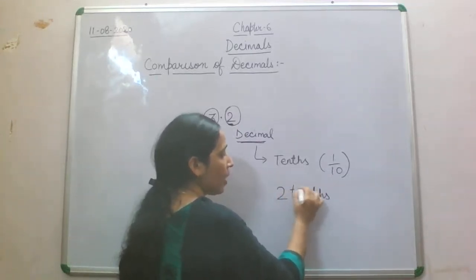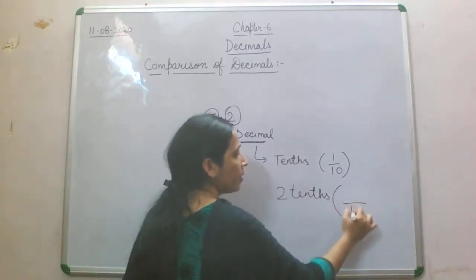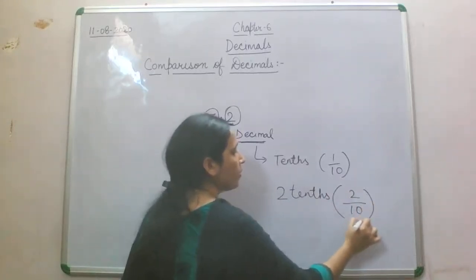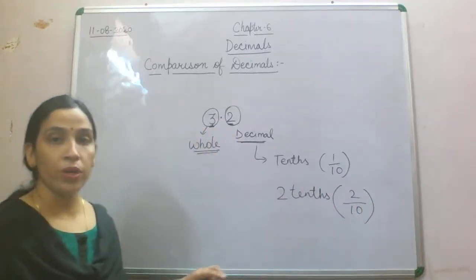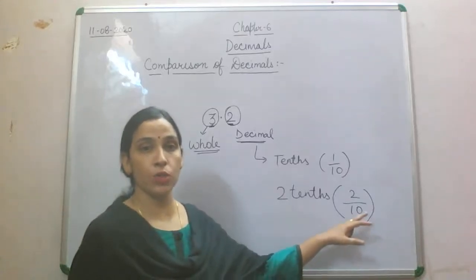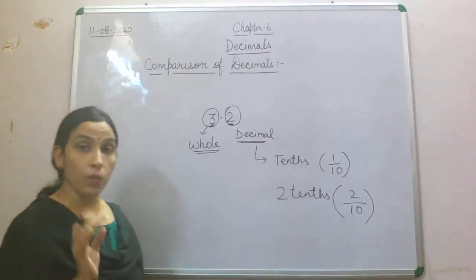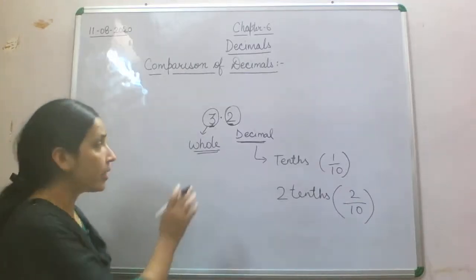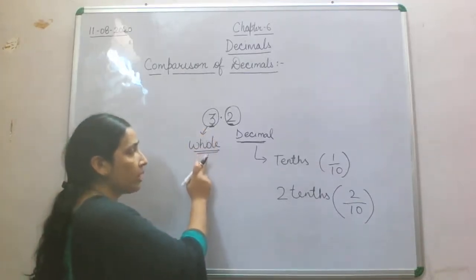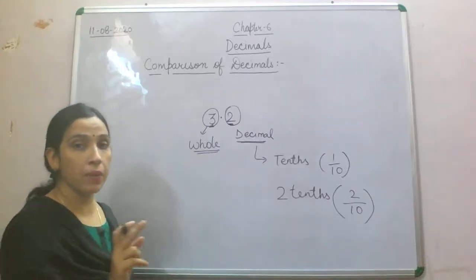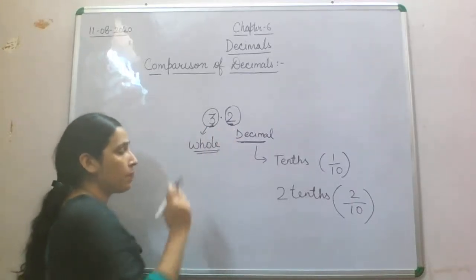It means out of 10, two parts are shaded. So in fraction form we will write it as 2/10. So what you have to remember is which is your whole number part of a given decimal number and which is your decimal part.